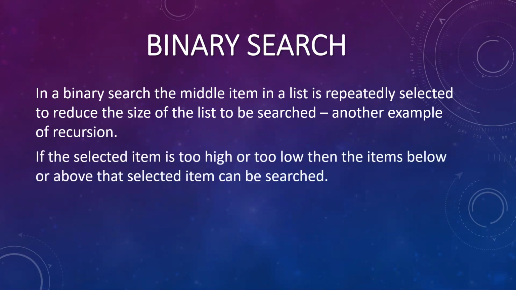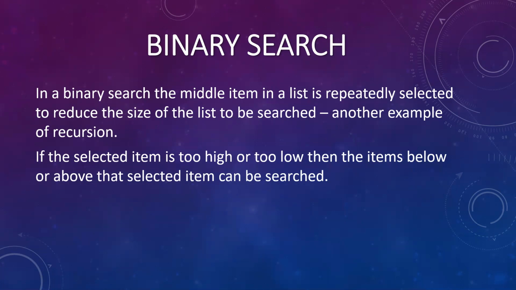If the selected item is too high or too low, then the items below or above the selected item can be searched. That means if it finds the middle item of the list is too high, then it will try to find the item on the left side. And if it is too low, then it will find the data on the right side of the list.